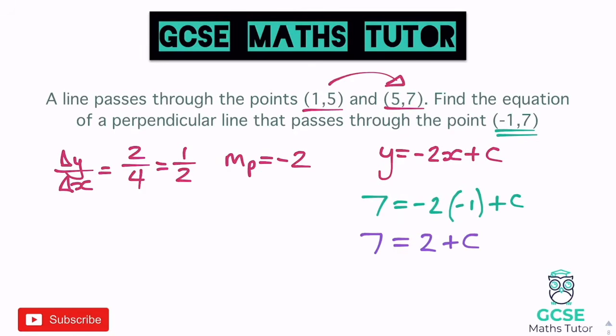Solving that, take away 2 from both sides to get c on its own. We get 5 equals c, or c equals 5, and we can put that back in place of c up here. So y equals negative 2x plus 5. There we go. And there's the equation of our line. Okay, so for this question, it's all the same process, but you're just going to have to find the gradient first.